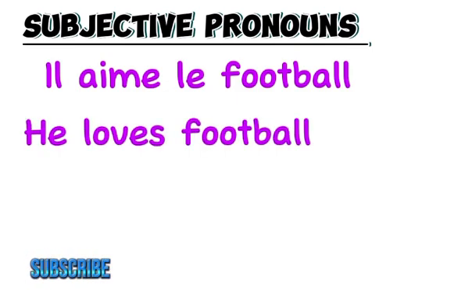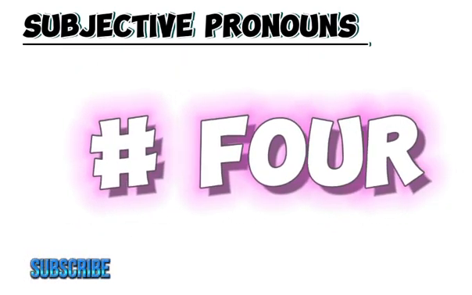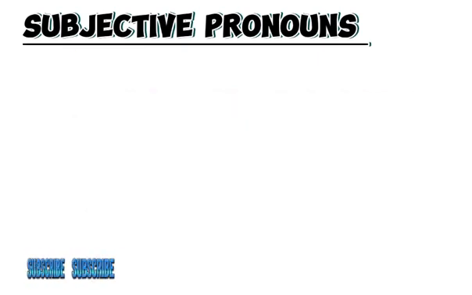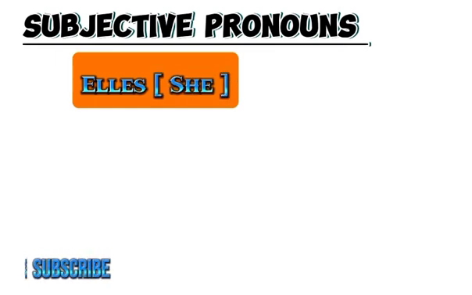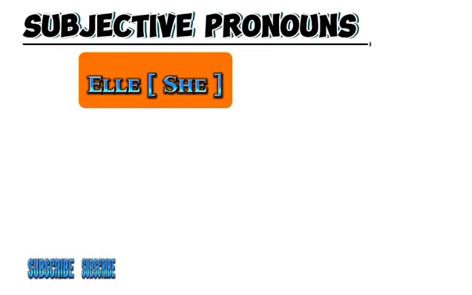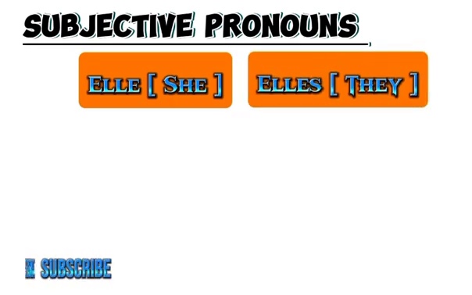Alright, people, now let's take a look at the fourth subjective pronoun in French, and this is elle, which means she. This pronoun takes the plural of elles, and this means they.